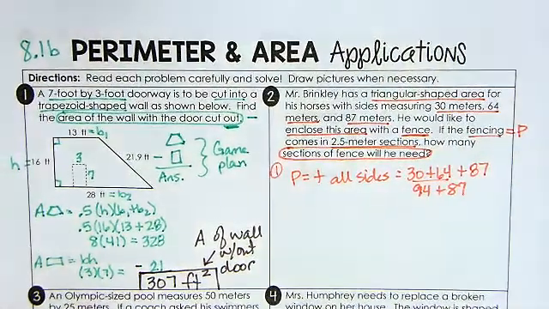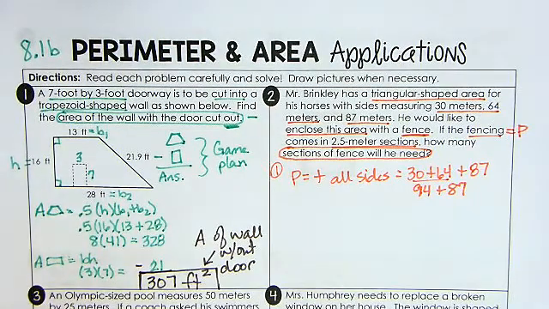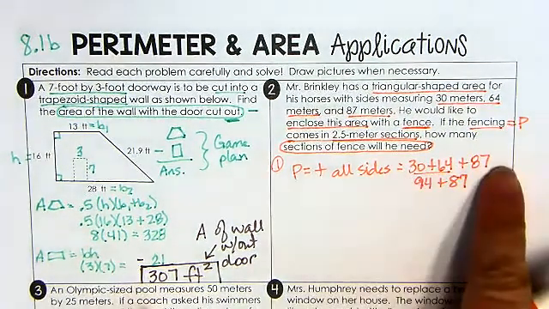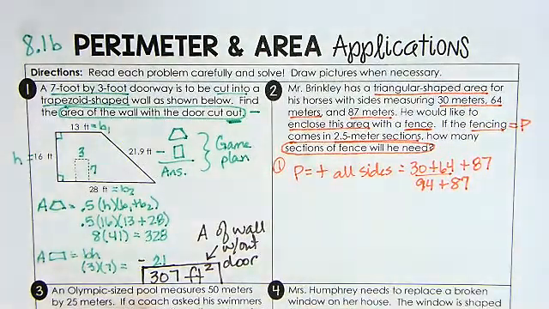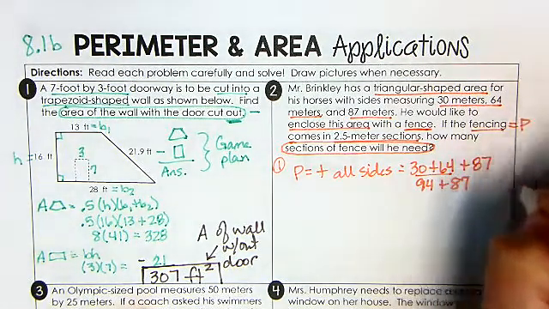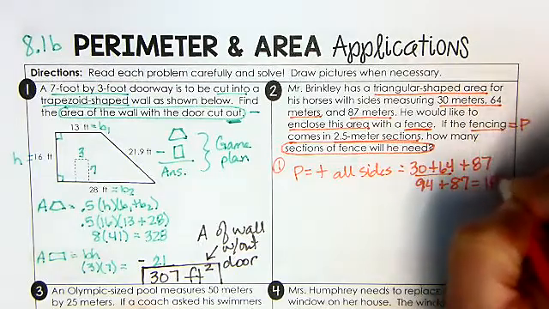I know that our calculator can punch all 3 in there, but your brain can't. So you work the problem as if you weren't using the calculator. Your brain cannot add all three numbers together. You just punch it in one step at a time. Be thankful that you get to use the calculator. So our perimeter is 181.